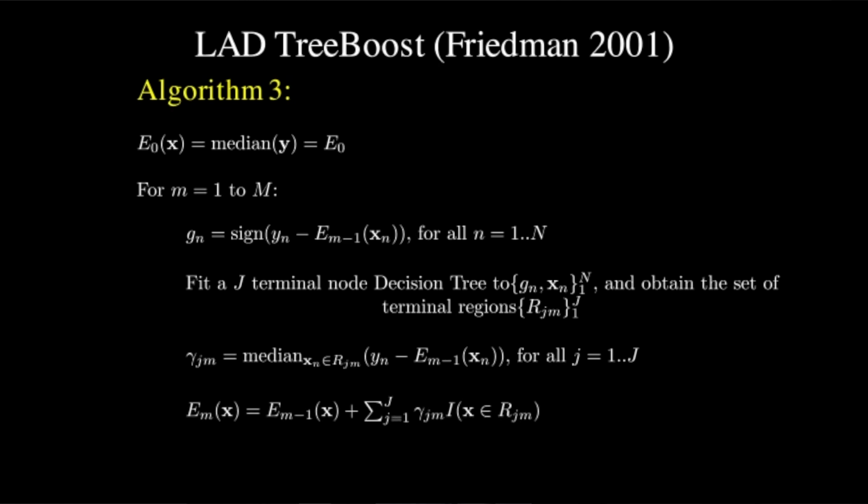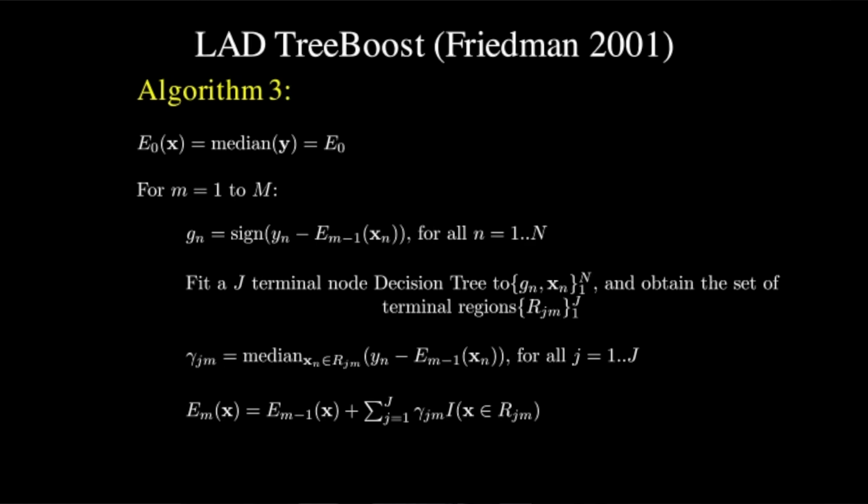And once we have this, then we're able to update our ensemble. And the update rule is what we have at the end, and that is equal to E m-1, which is the current value of the ensemble, and we add to it these gamma parameters that we just computed, and we evaluate it based on the terminal regions for the decision tree that we computed as our weak learner.